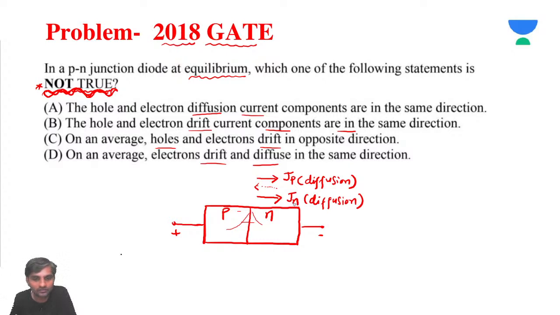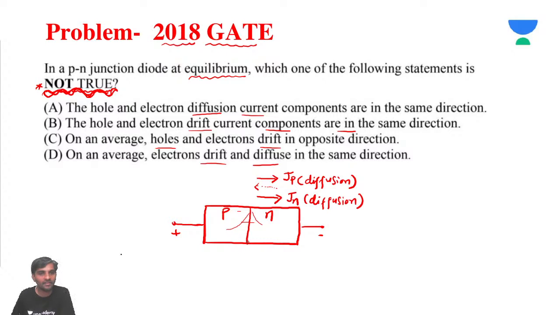Next, he's talking about drift current. So what does drift mean?